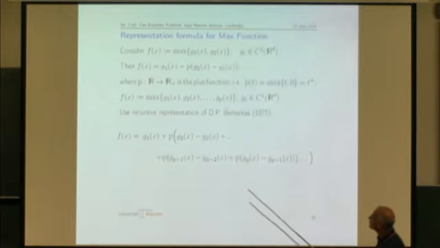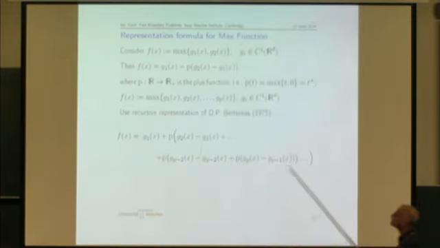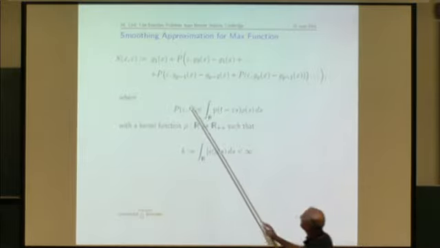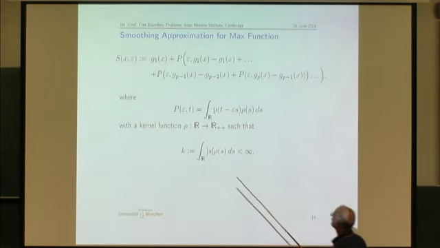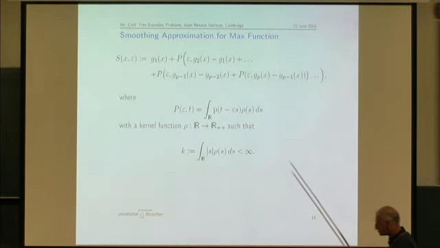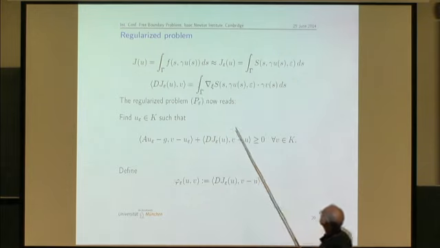So what you have to do is only regularize the plus function. This can be done by this convolution with some kernel function rho, and doing this you get a regularized problem.